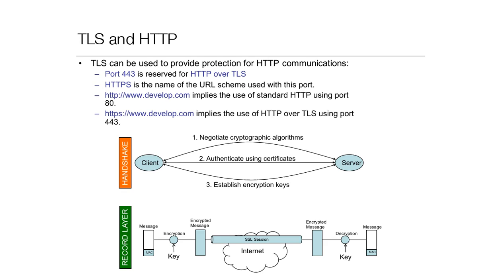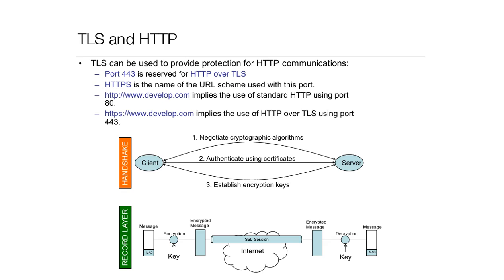So client says, I am this client. Usually the client is not going to authenticate to the server, but the server is going to authenticate to the client. The server is the entity that delivers the information to the client when the client requests.